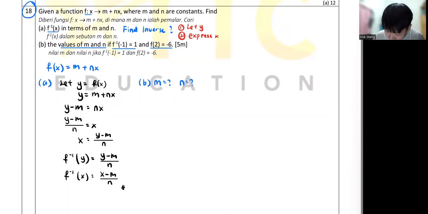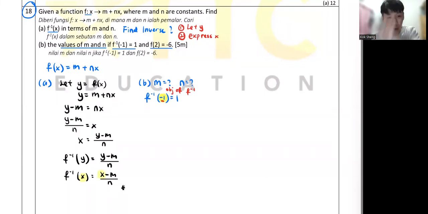Okay, so I start from this info. Repeat here, this is the object of f negative 1. Careful a bit. Now you have to sub this negative 1 into here and here. See the yellow color? You have to sub into both x.